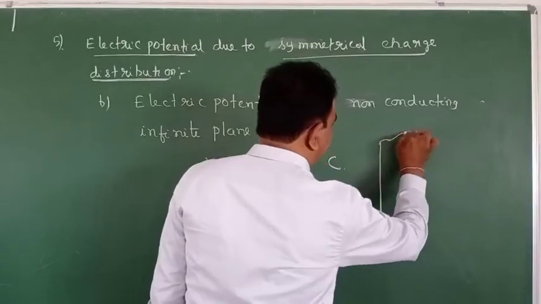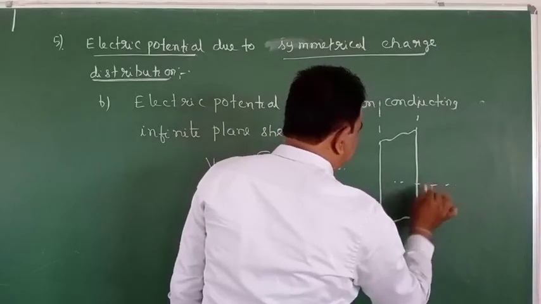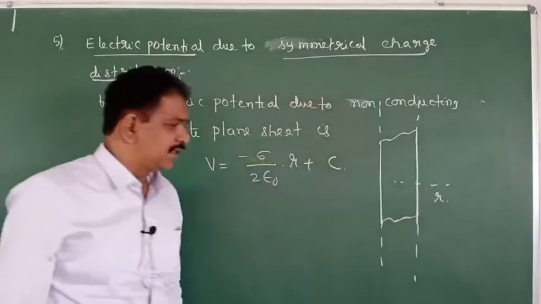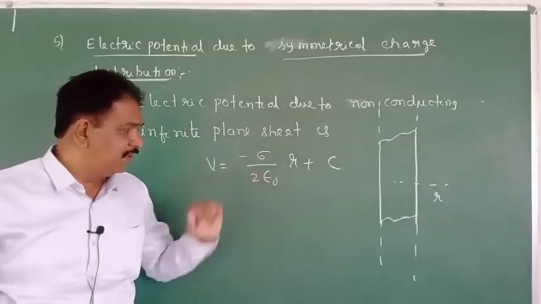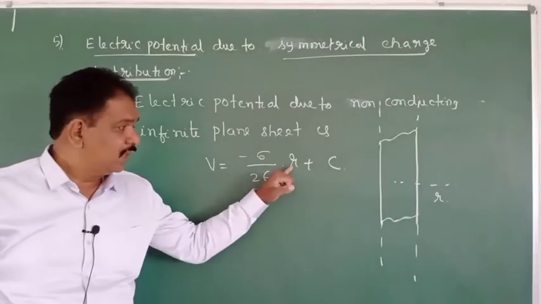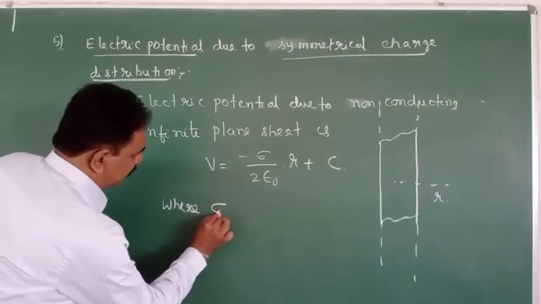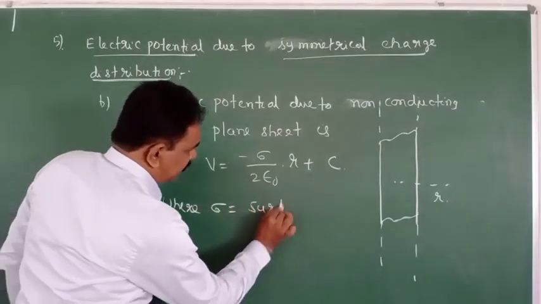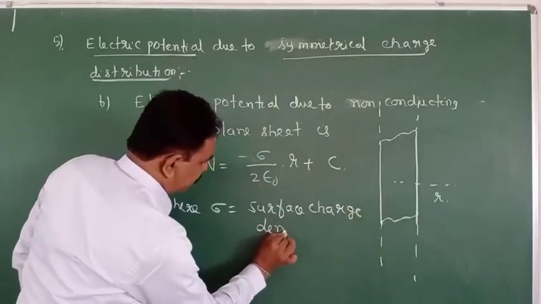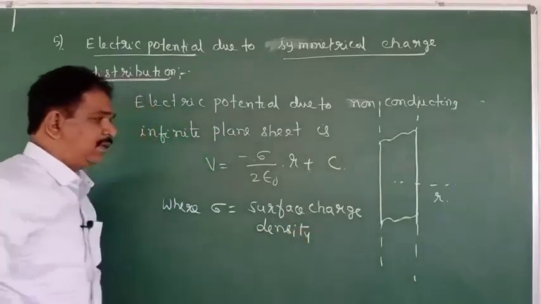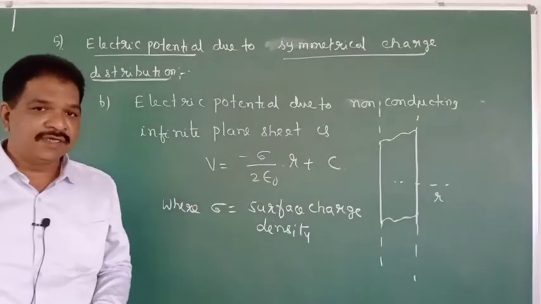From this plane sheet at a perpendicular distance R, the electric potential is minus sigma by 2 epsilon naught into R plus C, where sigma is the surface charge density. Clear? C is the integration constant only.